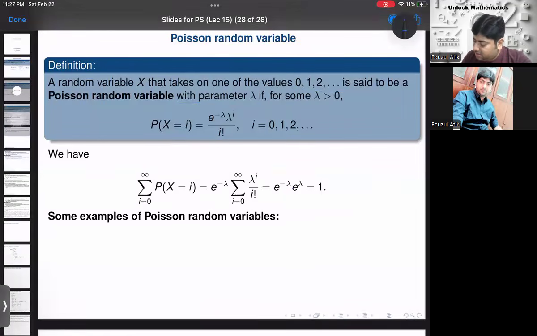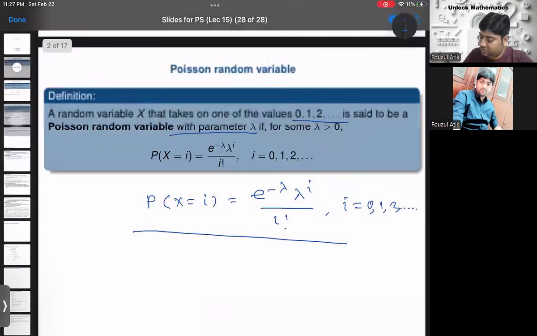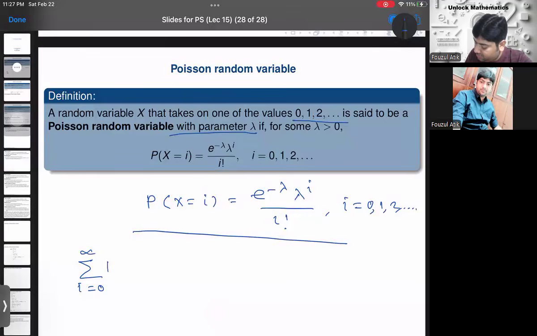And how do you understand that this actually gives you a probability mass function? Their total sum should be 1, the probability sum should be 1, but here you have an infinite number of values. So let us check the summation of i equal to 0 to infinity of P of x equal to i, and see whether it gives you the value 1 or not.